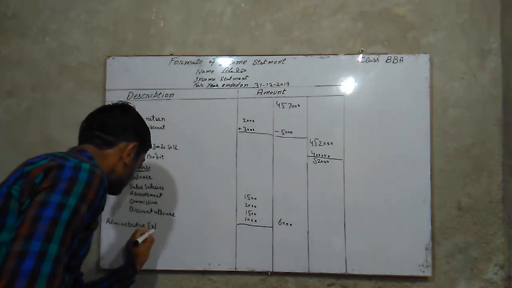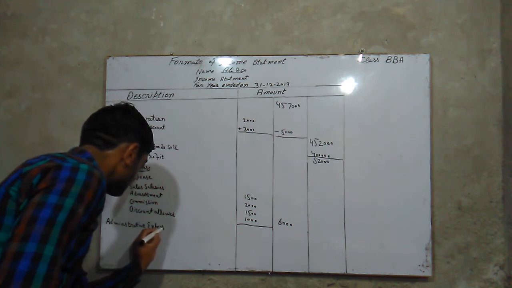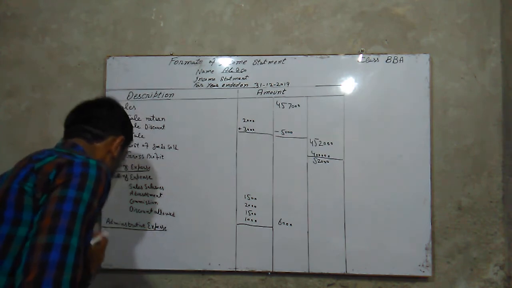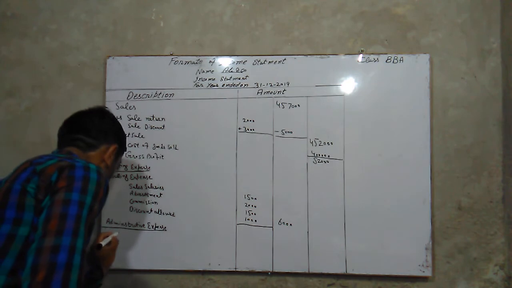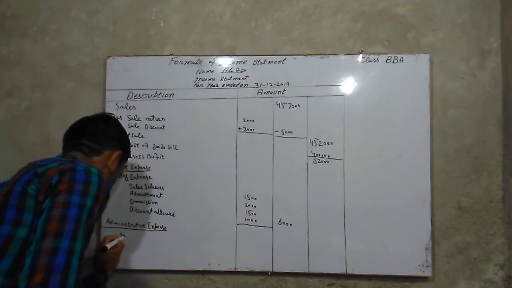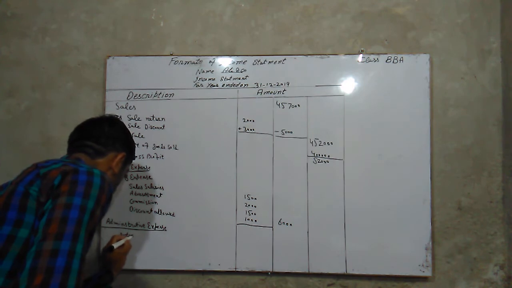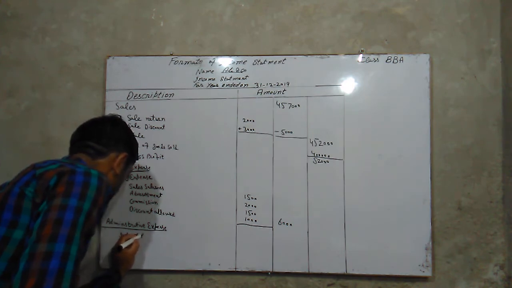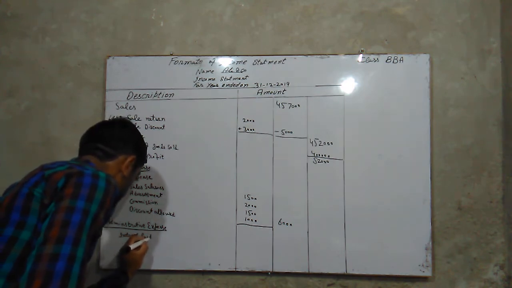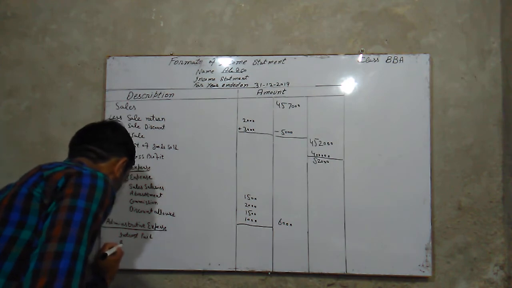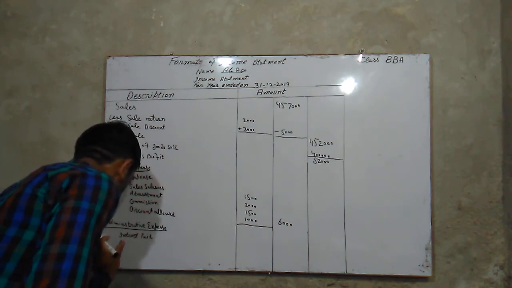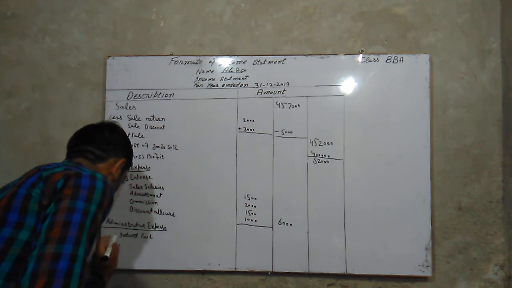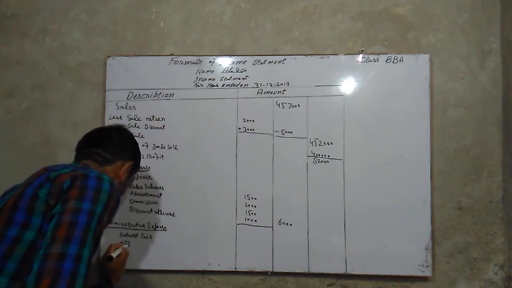Administrative expense includes interest paid and admin office salary.